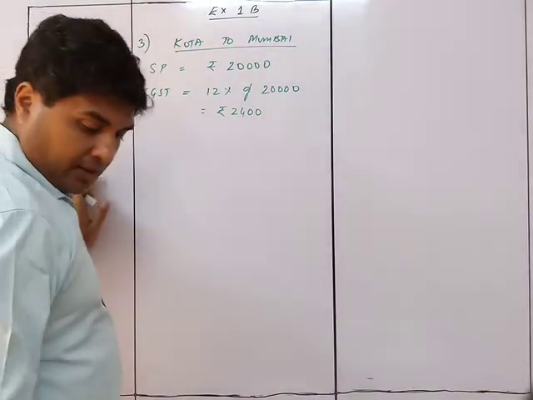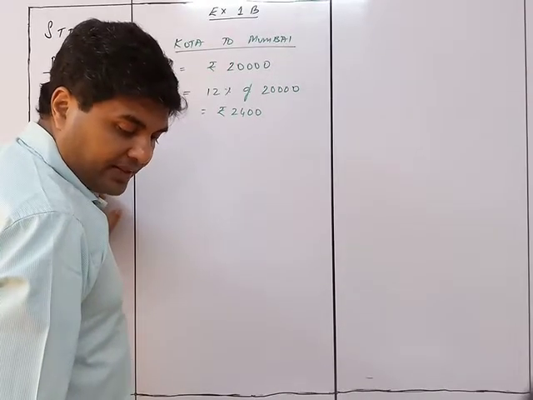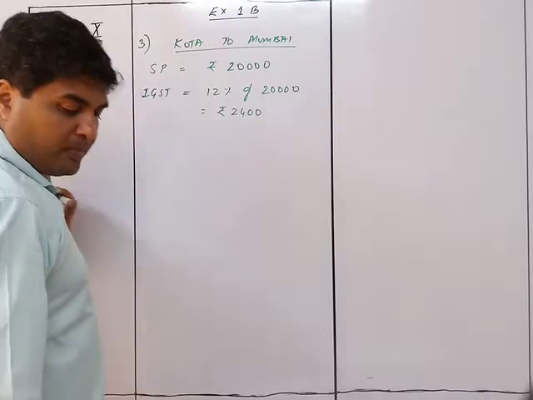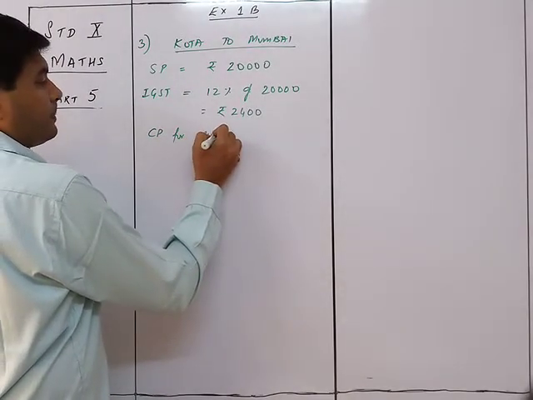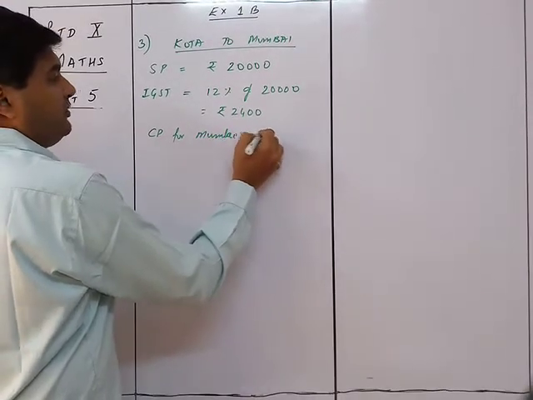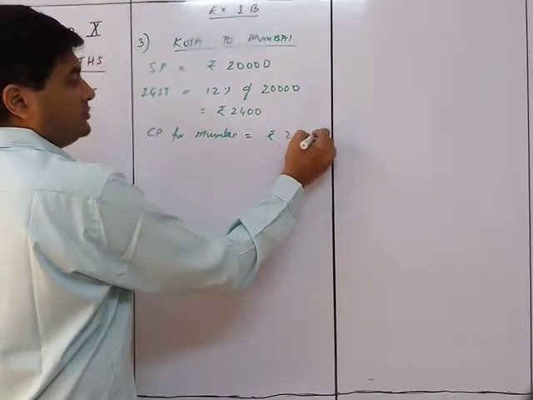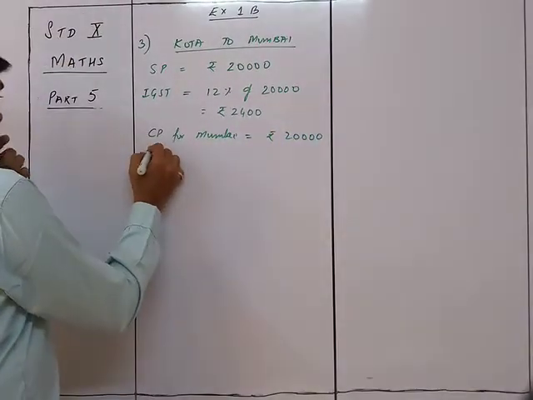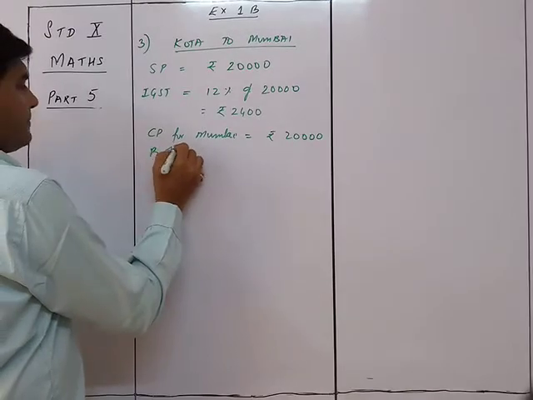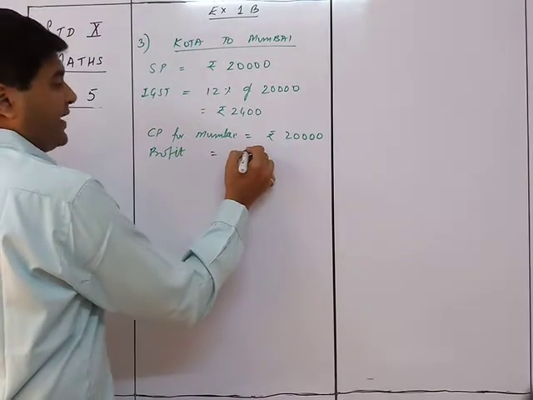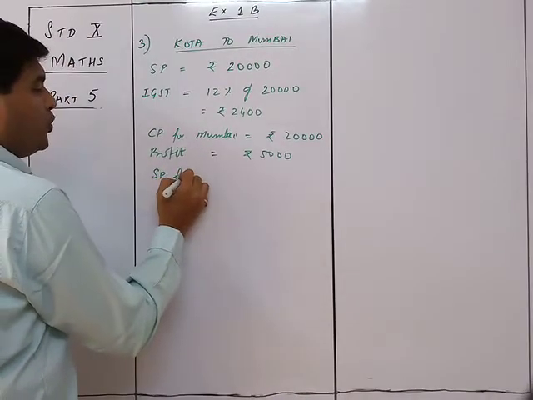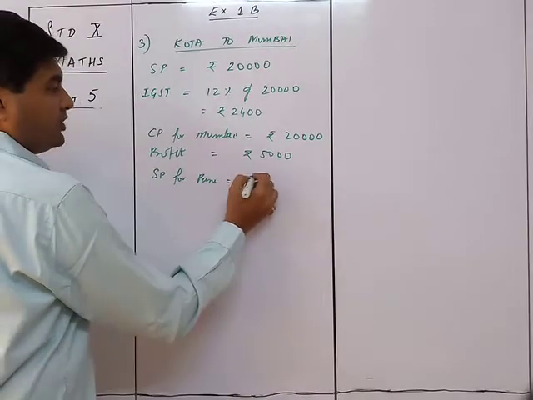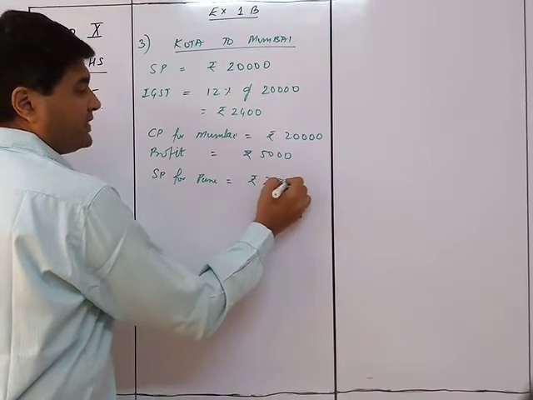Right? And then you are given that the profit by Mumbai is 5,000. So now CP for Mumbai is equal to rupees 20,000 and profit is equal to rupees 5,000. Therefore, SP for Pune is equal to rupees 25,000.